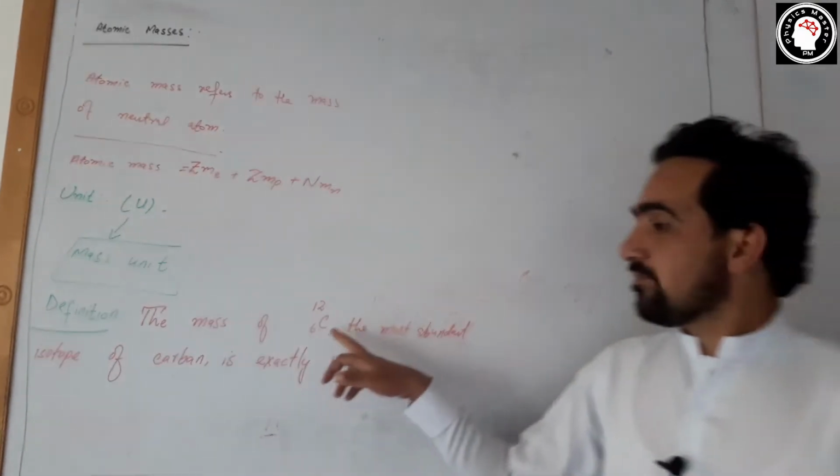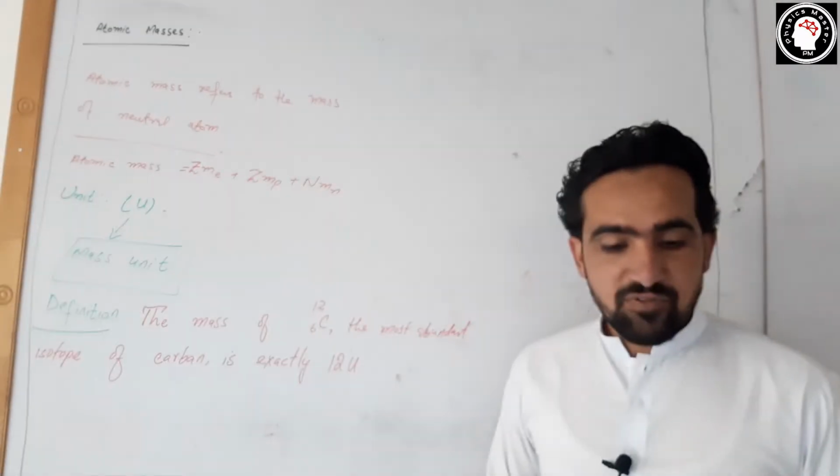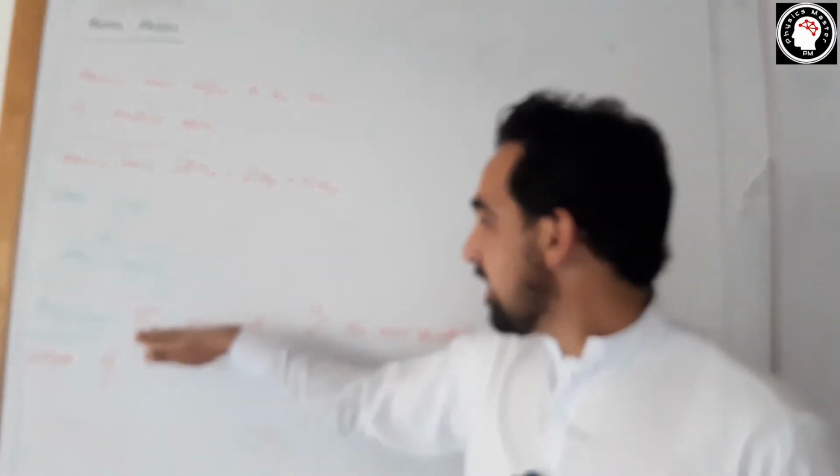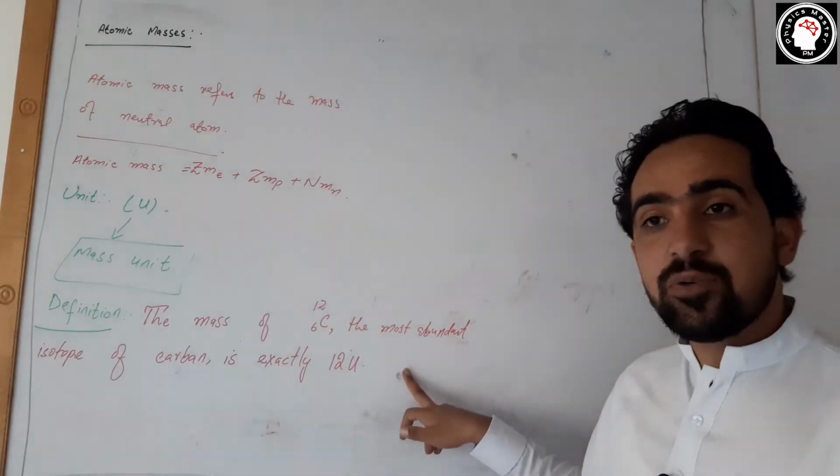So we can define atomic mass unit as such that the mass of C-12 is exactly 12 u.